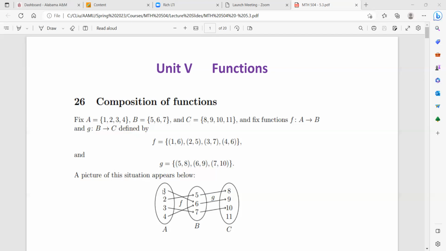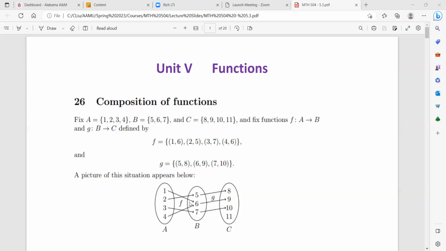Then you just draw the arrows from each number in set A to a number in B based on the definition of f, and similarly, you draw the arrows from set B to set C based on the definition of function g.